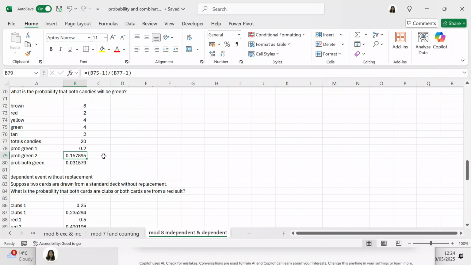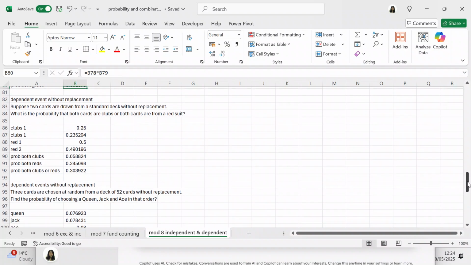So that's going to be 15.78%. Because you haven't replaced the piece of candy that was pulled out, that's why you have 4 minus 1 and 20 minus 1. Probability of both green is green 1 times green 2, which is 3.1579%.